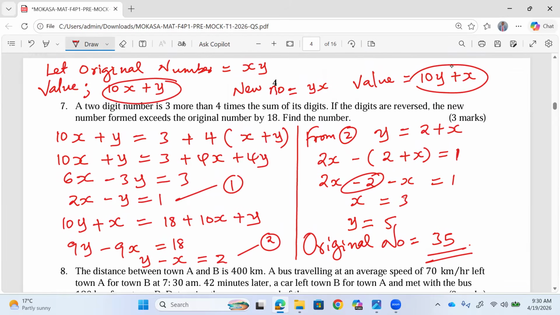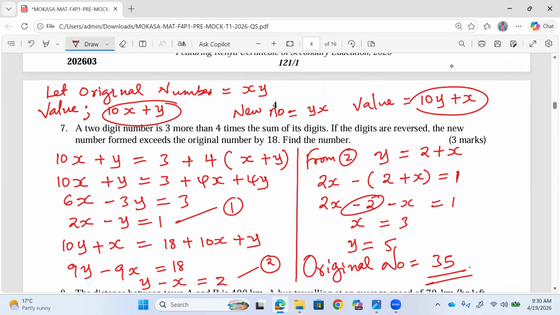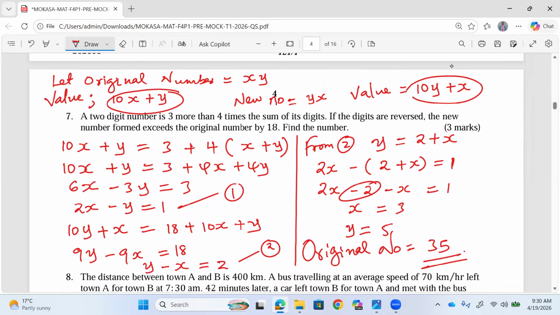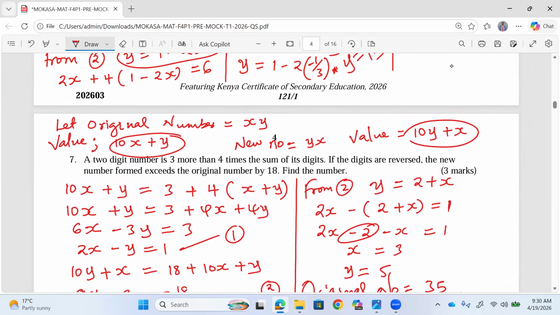The main thing that you're supposed to understand about these questions on two-digit numbers is that the value of the number should be expressed in the right way. So if the number is xy, then its value should be 10x plus y, because x is on the tens position and y is in the ones position. That is what you call the value of the number.